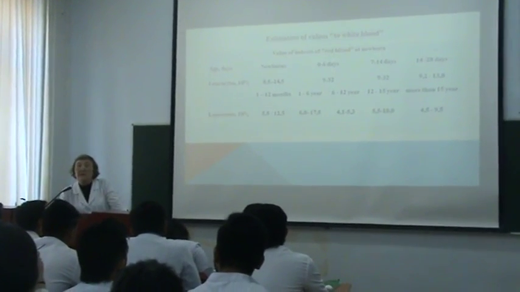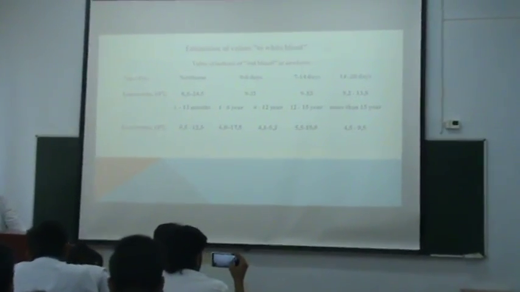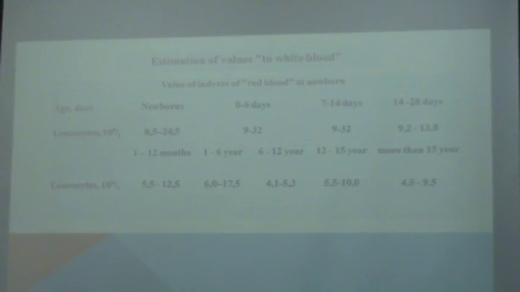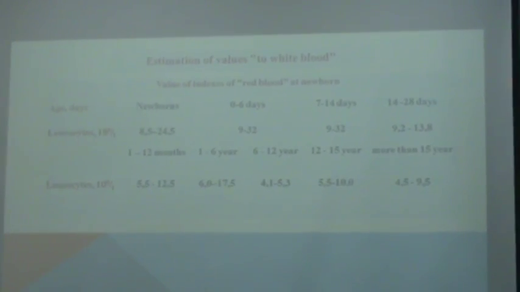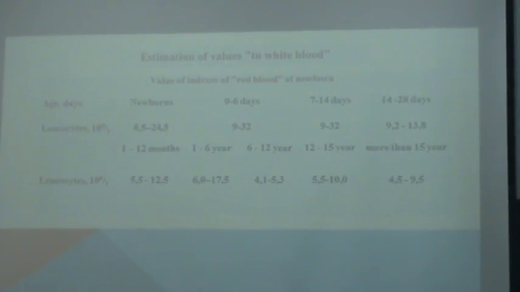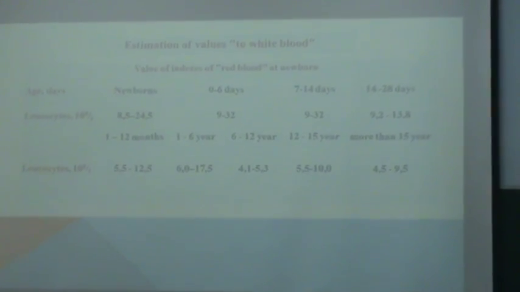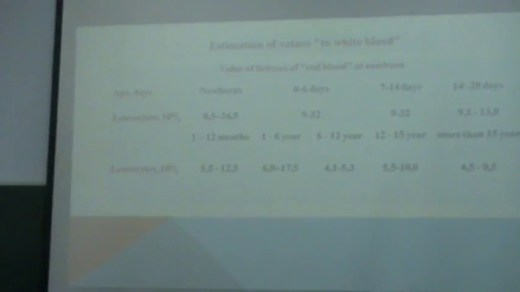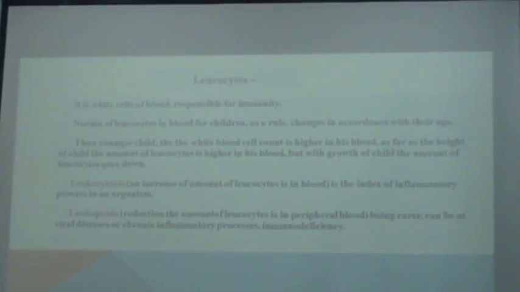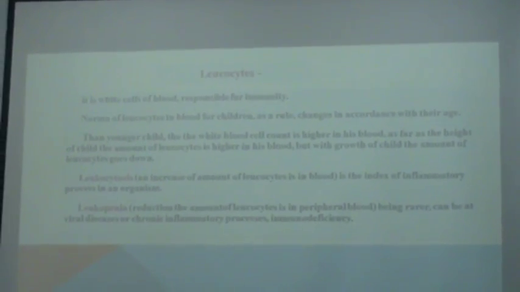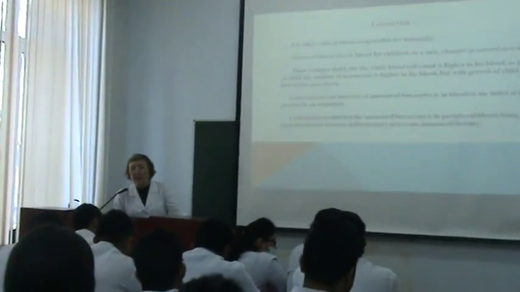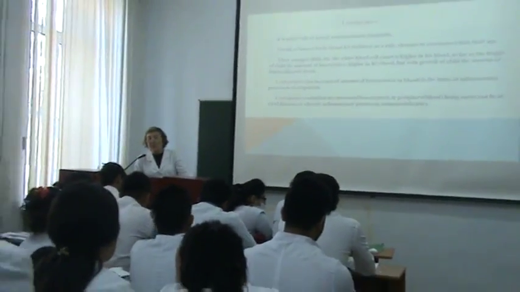Next, this is a table about white blood cells. This is leukocytes. This is a very important parameter indicator. Leukocytes are white cells of blood responsible for immunity.